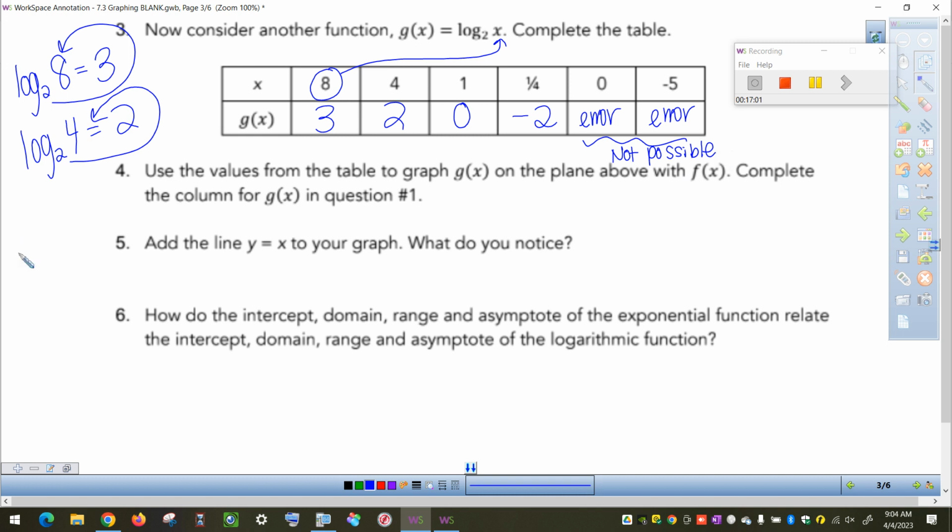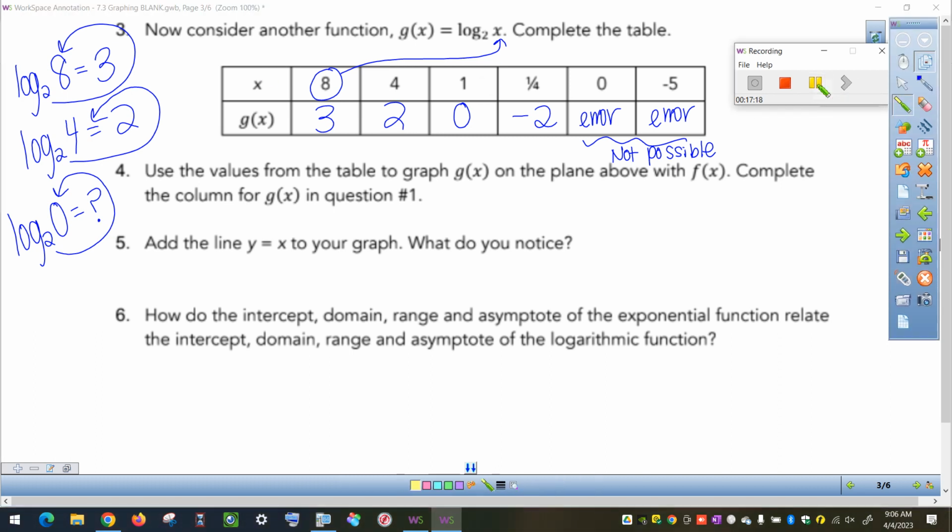And even if we think about this one over here, like for the answer of 0, we can't have 2 raised up to something and have it equal 0 ever. That would just never happen. We talked about this already, so that was just looking at the graph being reflected over the line y equals x.